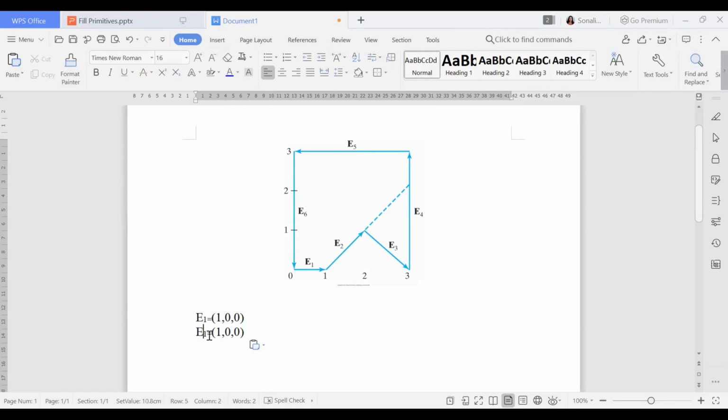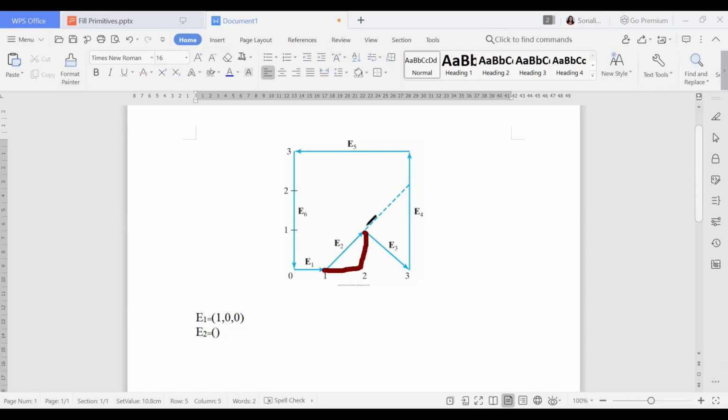Now I want to find the E2 value. How am I going to find E2? Here you just see, E2 has gone upward. If I want to draw this, I'm going towards like this and then I have gone up. So I have gone along the x-axis and again along the y-axis.